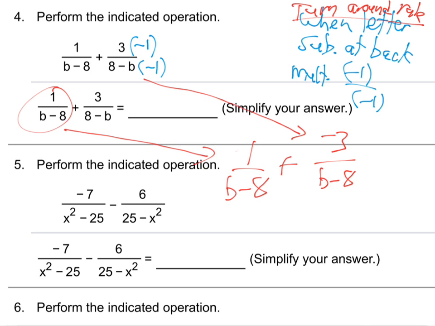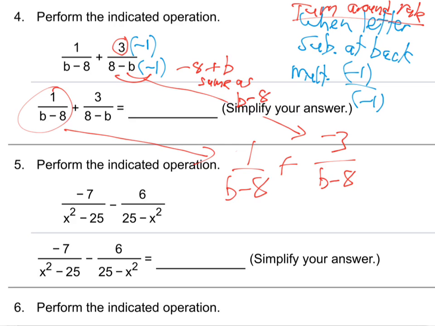multiplied top and bottom by -1. So the top 3 became -3, and the bottom turned around. If you want to see more detail on why that turned around, you can just distribute. You don't have to do this though, it's not required. But you'd see that it would become -8 plus b, which is the same as b minus 8.